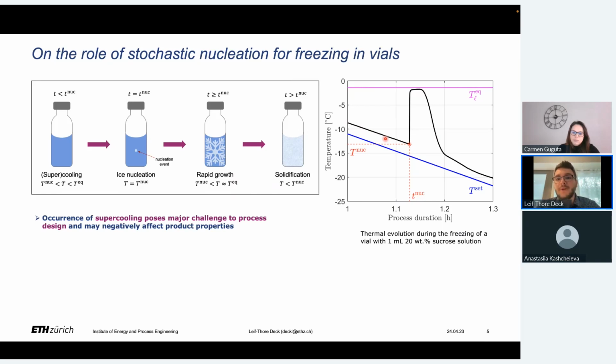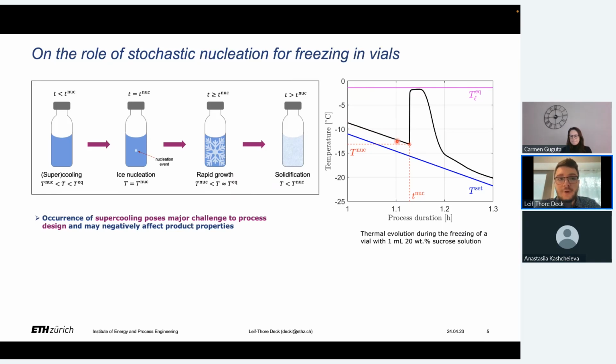And this nucleus is not very likely to form if we are just a bit below the equilibrium temperature, but it requires a pretty big temperature difference to happen eventually. And this is a problem, because during all this time here, we are actually in the liquid state.